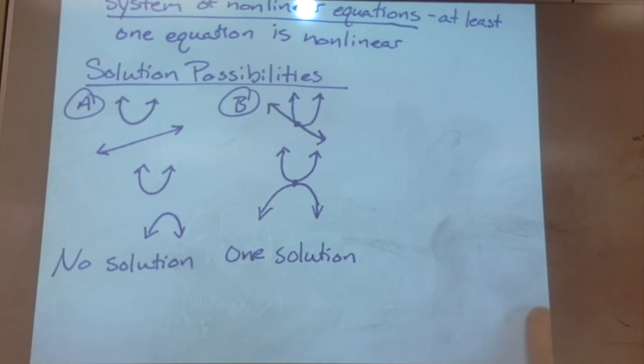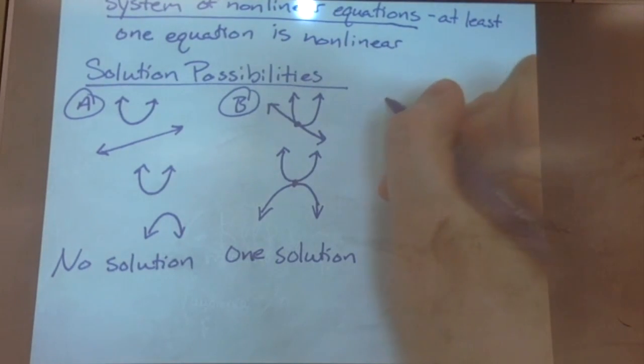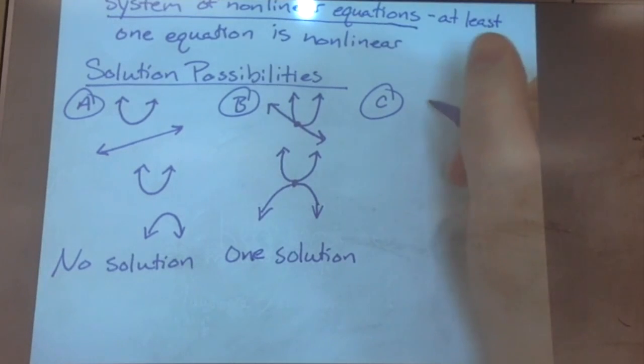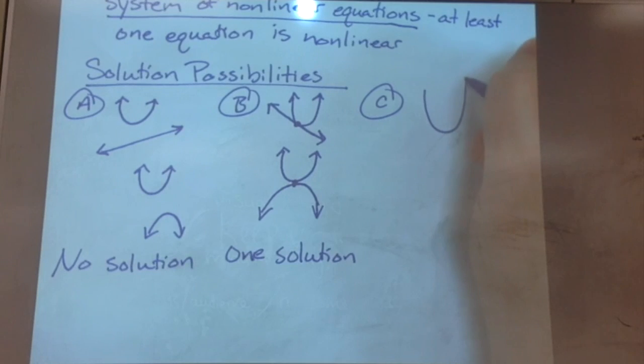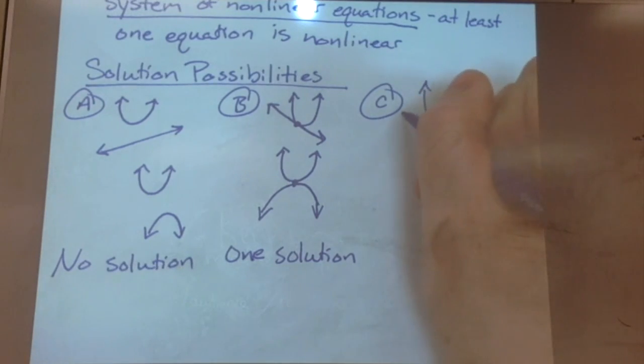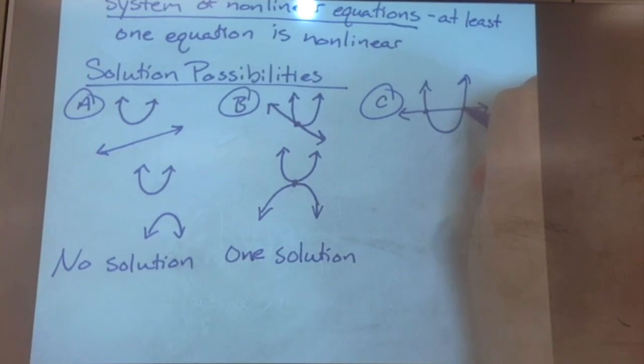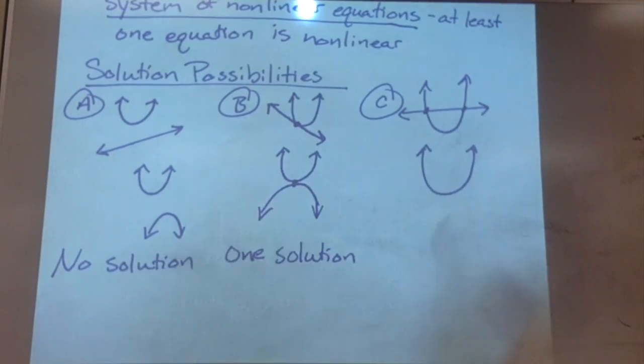And then our last possibility, so if you have your parabola and a line going through that parabola, then you end up with 2 points of intersection. Same thing if you have two parabolas. You have one parabola going up and one parabola going down, and they could both be going up, but we're not dealing with that.